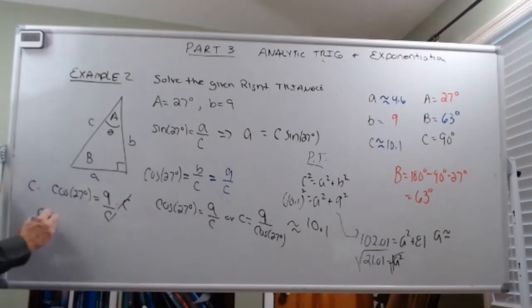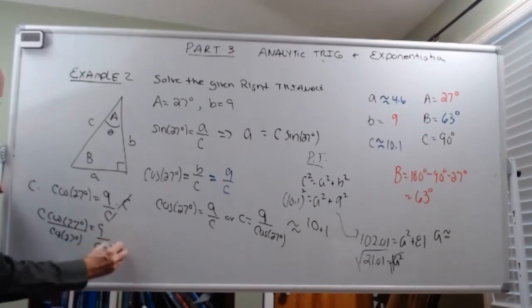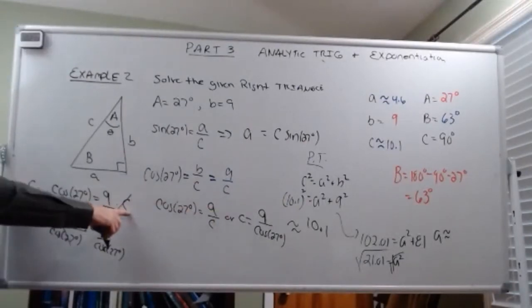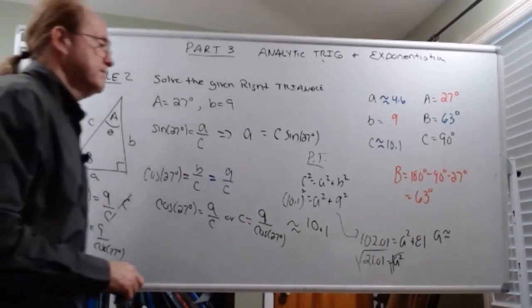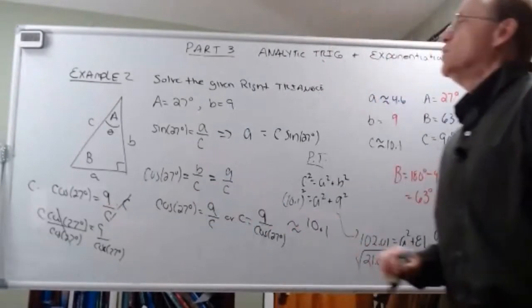So I get C times the cosine of 27 degrees is equal to 9. And I divide both sides by the cosine of 27 degrees. So cancel that, and I get C is 9 over the cosine of 27 degrees. I multiply by C, divide by the cosine. So that's the basic algebra that you should know.